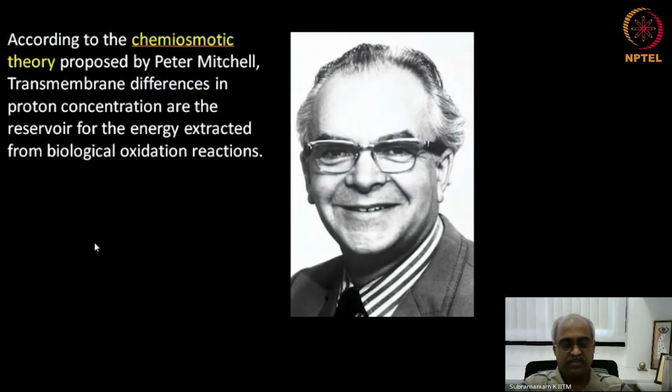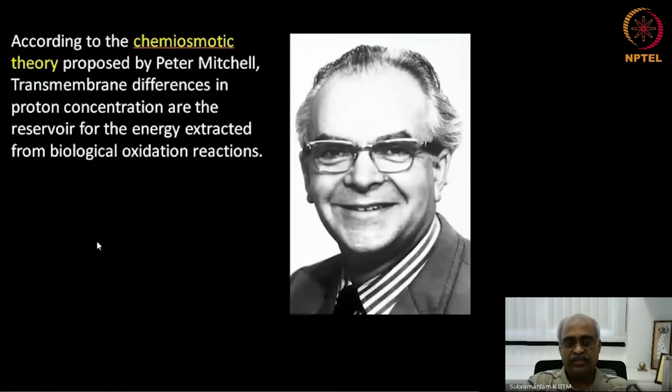This explains the mitochondrial oxidation and phosphorylation by which we get energy from the food that we eat, and it also explains how the energy from sunlight is used for splitting water and obtaining electrons and finally reducing carbon dioxide into carbohydrates. Both these processes are explained by this chemiosmotic theory, which is such a profoundly central thing to biology, and that's why he won the Nobel Prize for this discovery.